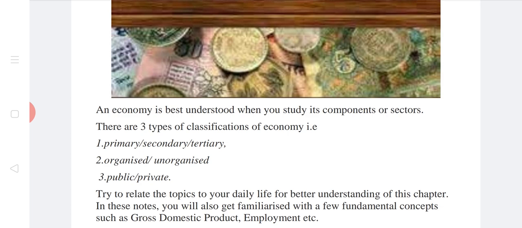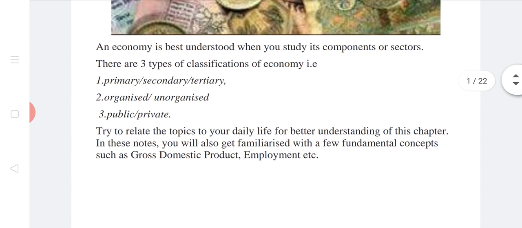The second one is organized and unorganized, and the third one is public sector and private sector. We will study each one by one. Try to relate the topic to your daily life for better understanding of this chapter. In these notes, you will also get familiarized with a few fundamental concepts such as GDP, employment, etc.